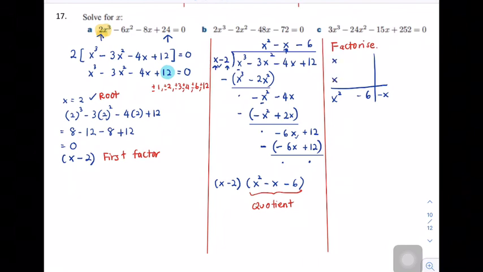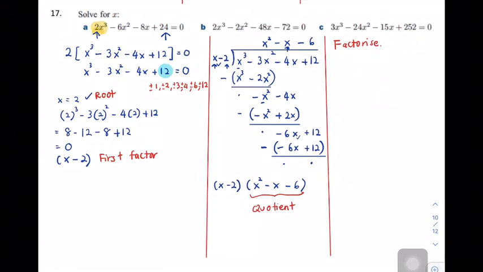So x squared is x times x. 6 can be 6 times 1. X times 1 is x. X times 6 is 6x. So 6x and x. So we have, do the butterfly, x squared, negative 6 and negative x.